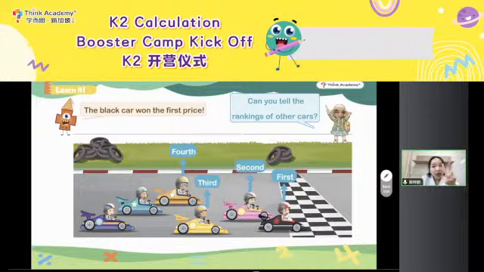All these words we have just mentioned are called ordinal numbers, which are used to tell the rank or the position of an object or person. Ordinal numbers are the numbers that represent the order of objects or people.